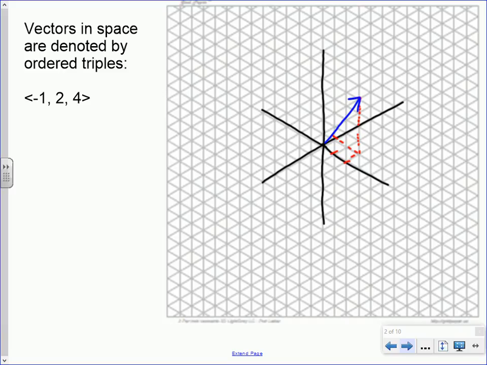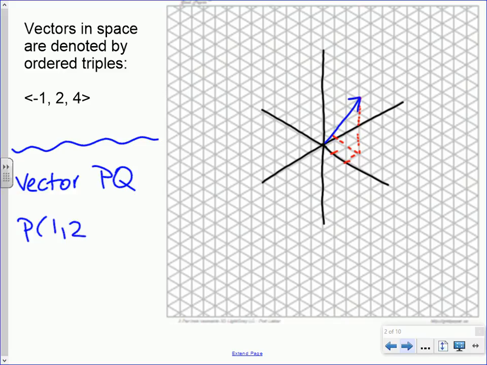Now, what if I wanted the vector PQ in standard position, if you knew that P was the coordinate 1, 2, 3, and Q was the coordinate negative 2, 0, 5?